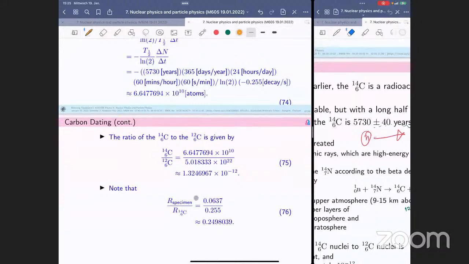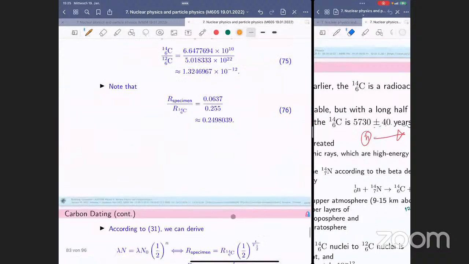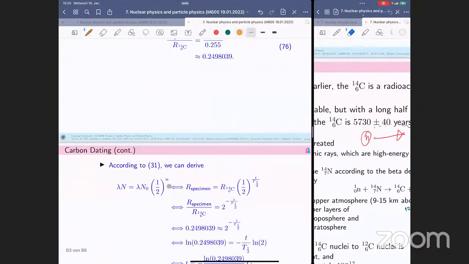The rate of disappearing at that moment is 0.0637, but for carbon, usually it should be 0.255. So what does that mean? We are going to compute how long it takes, right? Lambda N is equal to N0 times 1 by 2 to the power of t over T half.